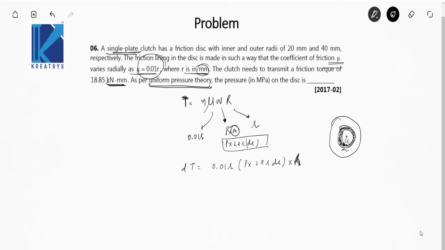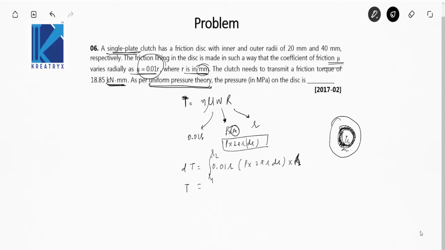Okay, so this is actually the dT torque that can be transmitted by this small thickness dr. Integrating, on the left hand side it becomes T, and on the right hand side I will integrate from r1 to r2.